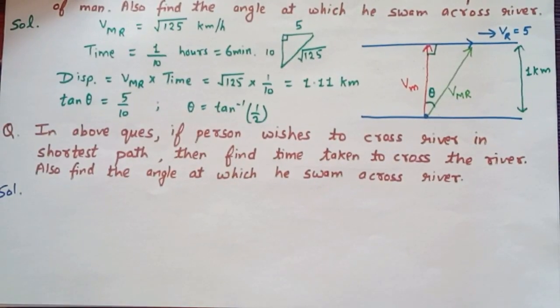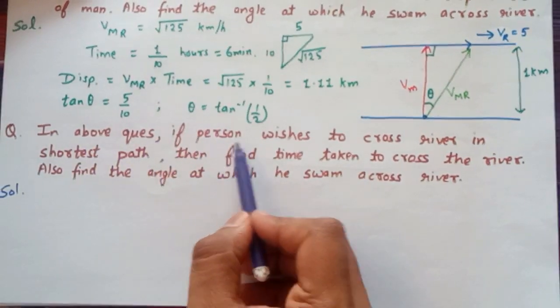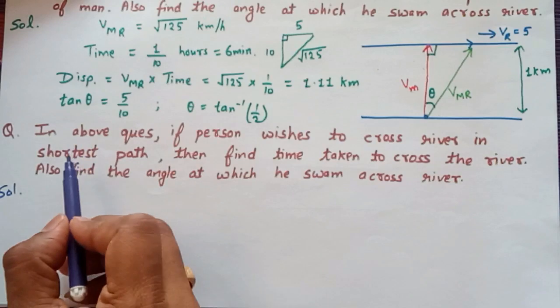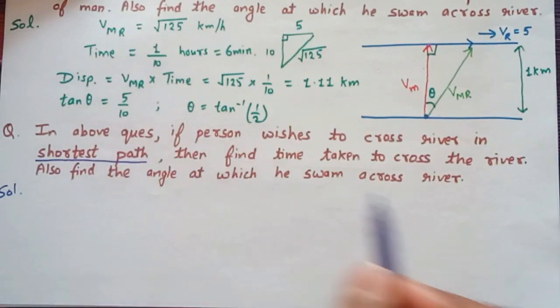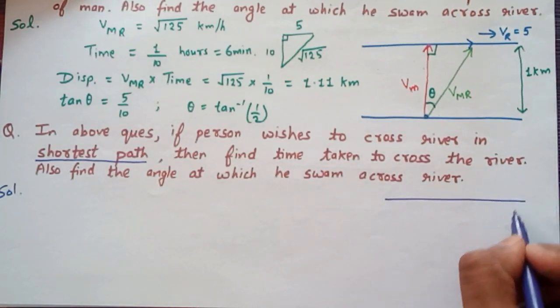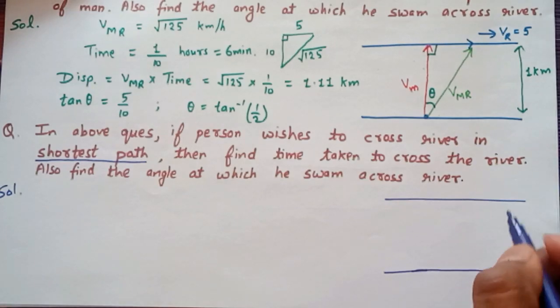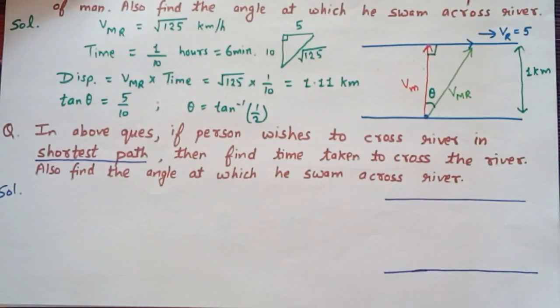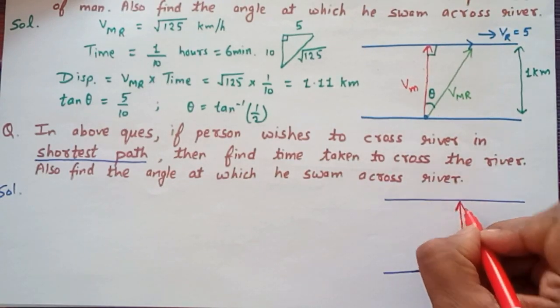Now in the next question, it is saying that in the above question, if the person wishes to cross the river in the shortest path. See, this problem is of the shortest path. The earlier problem was for the shortest time. If a person wants to cross the river in the shortest path, then he wants that he must go finally in this direction.